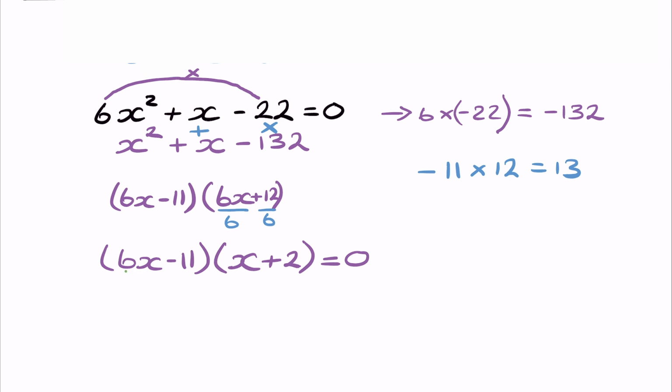So you'll take the 6 and it will go down there and it will go over there, and that means x equals 11 over 6, which is actually 1 5/6, and it's positive because it was negative there. And our second solution, x equals negative 2.